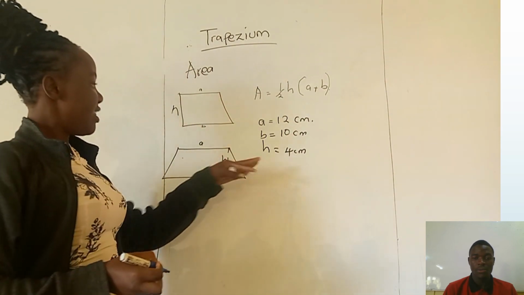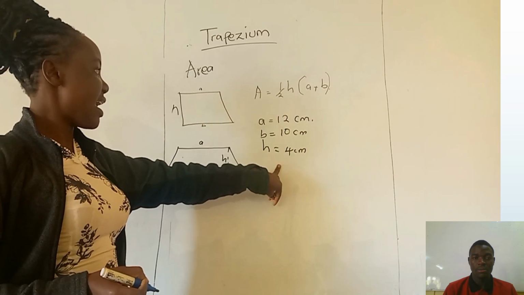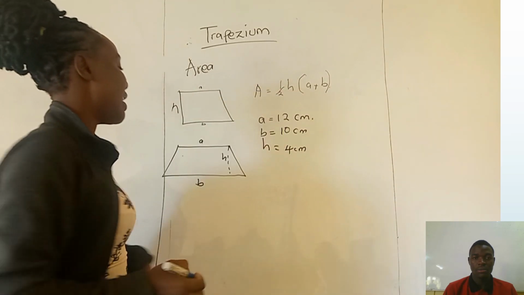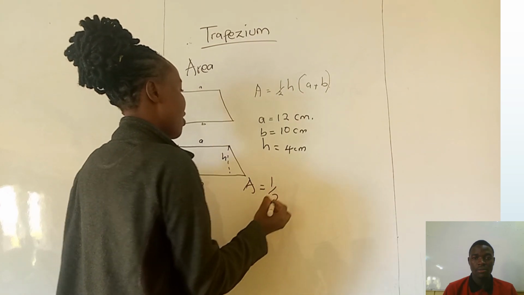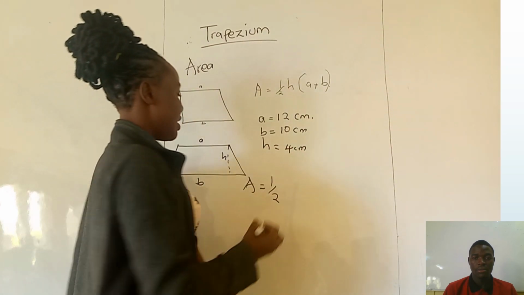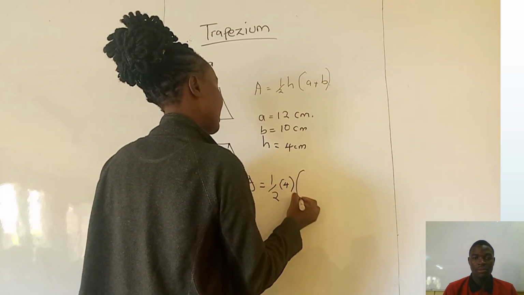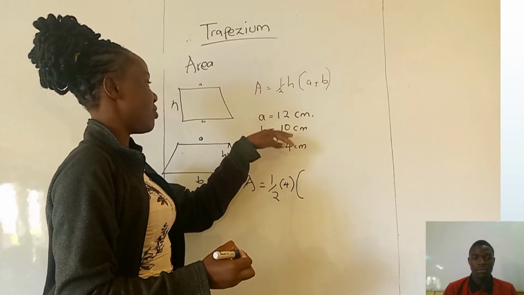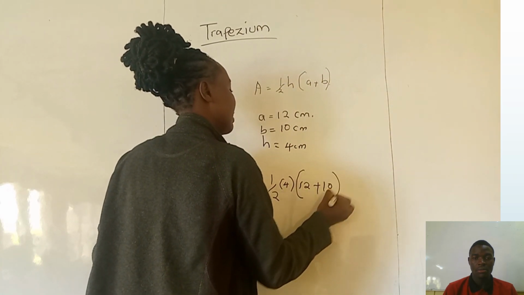So the only thing we are going to do is to substitute these into the formula. That is to say, area is equal to half of H, and our H is 4 centimeters. Half into 4 times A plus B, that is 12 plus 10.